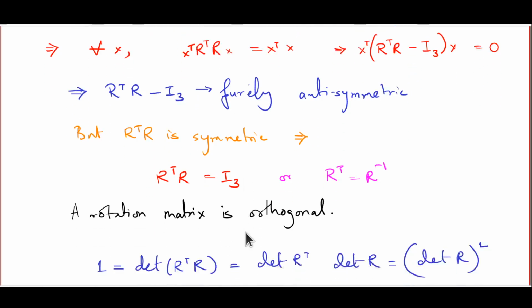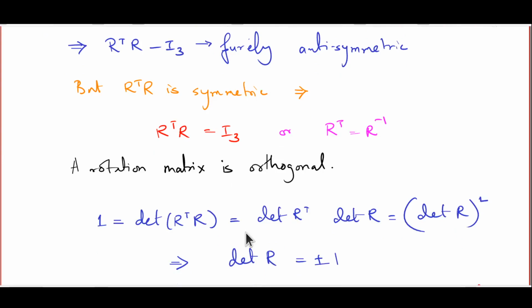One important thing that you find about all orthogonal matrices is that if you take the determinant of the equation R^T R equal to I, you get 1 from the determinant of I, and the determinant of R^T R is simply determinant of R^T times the determinant of R. And because the determinant of a transpose of a matrix is the same as its determinant, this is equal to determinant R whole squared.